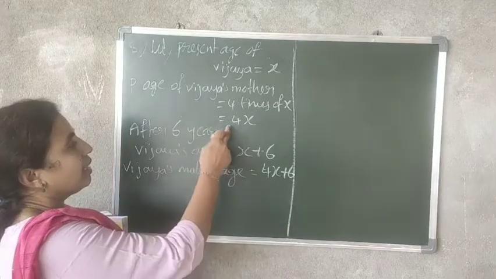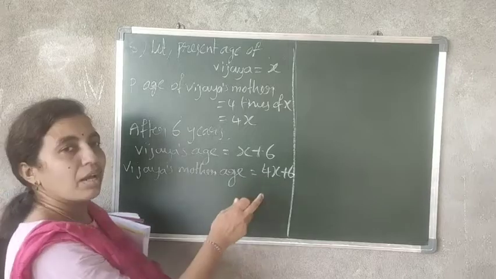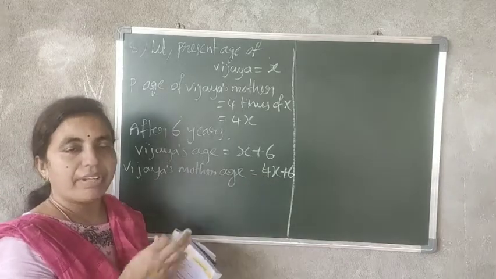After 6 years, Vijaya's age is X plus 6, and Vijaya's mother's age is 4X plus 6. For Vijaya's mother, the present age is 4X, so after 6 years her age will be 4X plus 6. Now we got the ages.